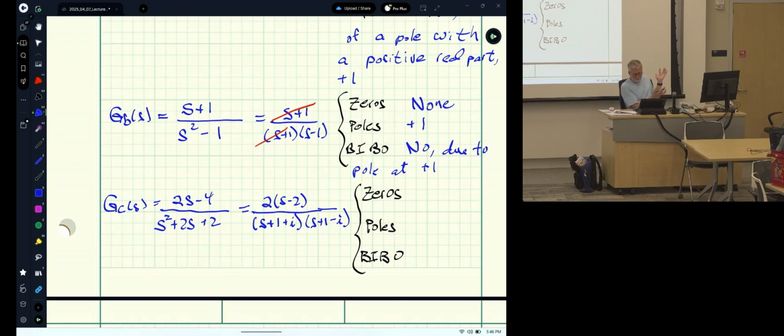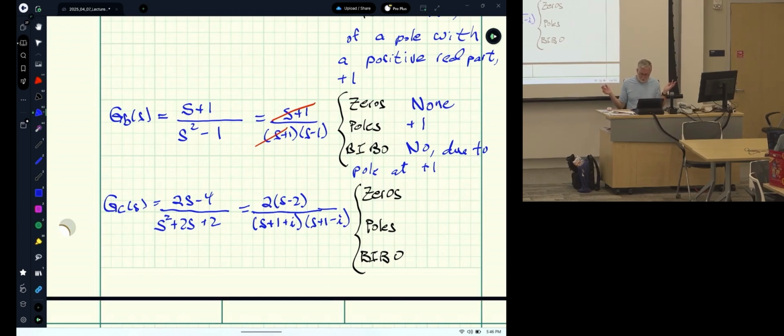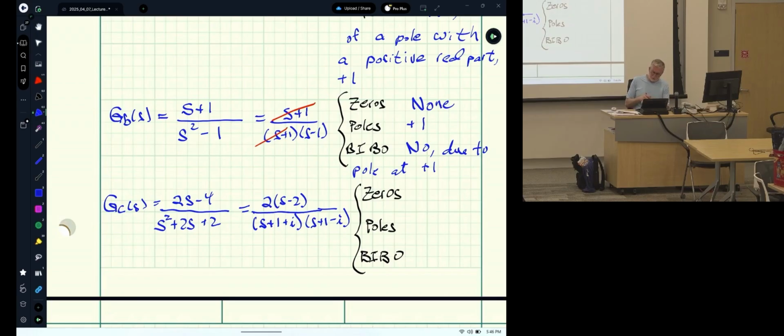Where are the zeros? They're the roots of the numerator. Are any of those the same as the roots of the denominator? No, no canceling has to be done. So the zeros simply, I'll write it as plus 2, but we don't care. The poles now, what are the poles? -1 minus I, -1 plus I. Yeah, I'll write it as -1 plus minus I. What is the real part of those poles? -1.